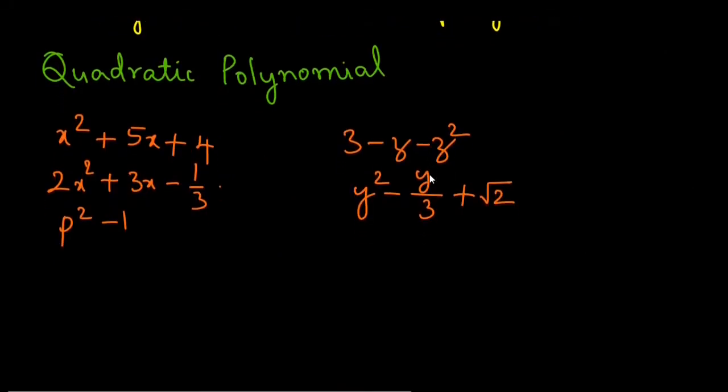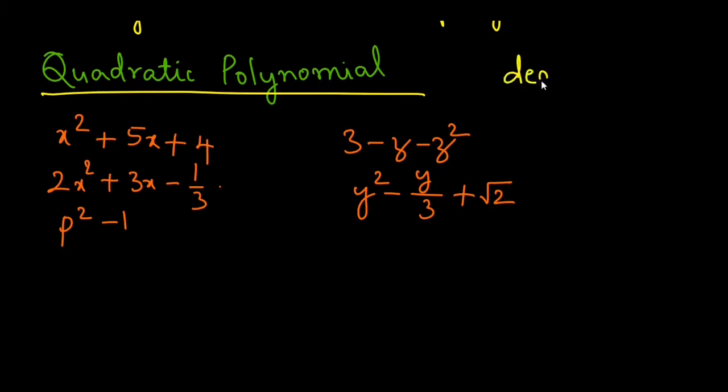Then let us look at quadratic polynomials. The polynomials with degree 2 are called quadratic polynomials. Generally, quad means 4.